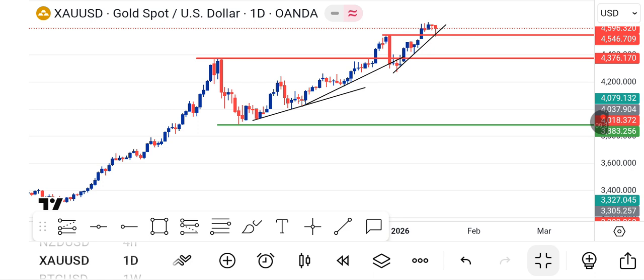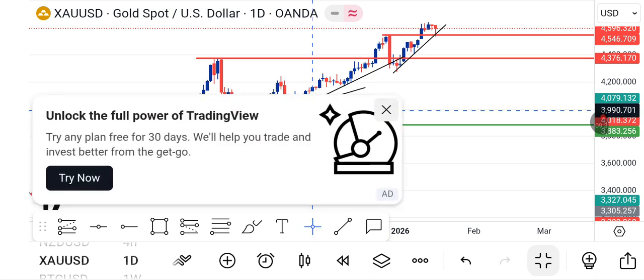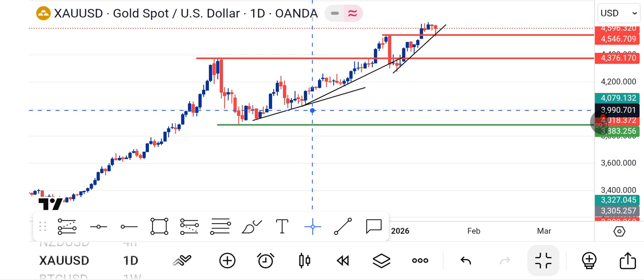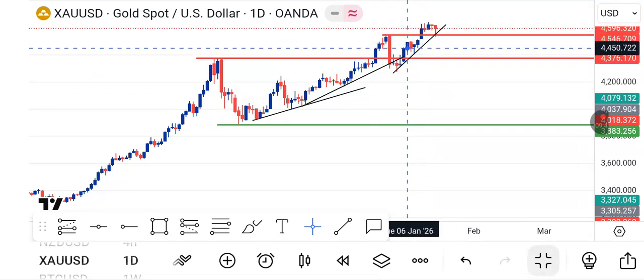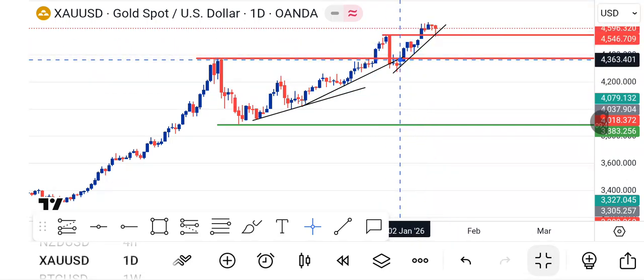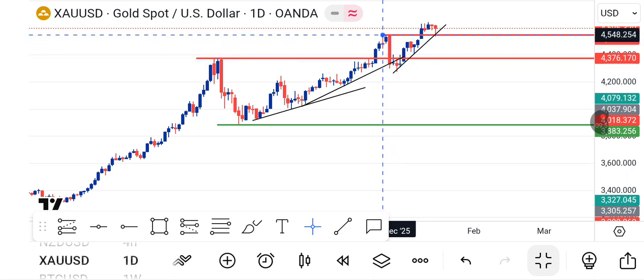So let me go to my 15-minute time frame. Before I go to my 15-minute time frame, I said in my previous video that this is a high. Yes, this is a high.